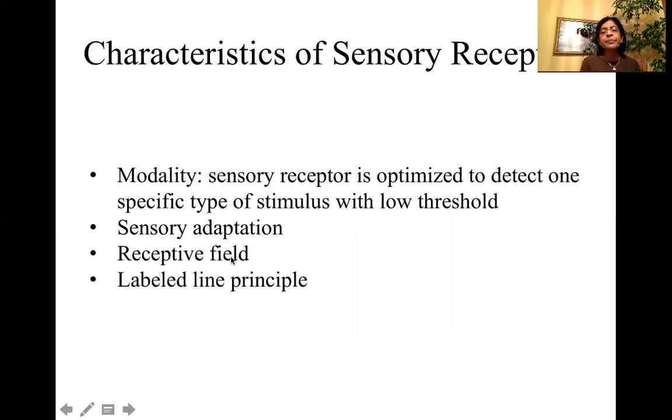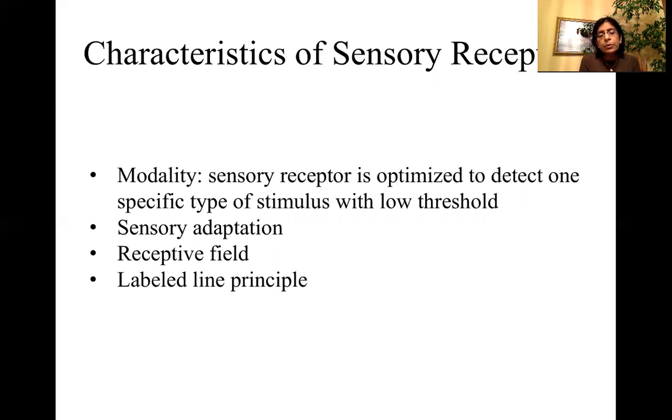Receptive field is the area a sensory receptor deals with. For example, in the skin, say the fingertip, you have touch receptors that are given a specific area of the skin to deal with.